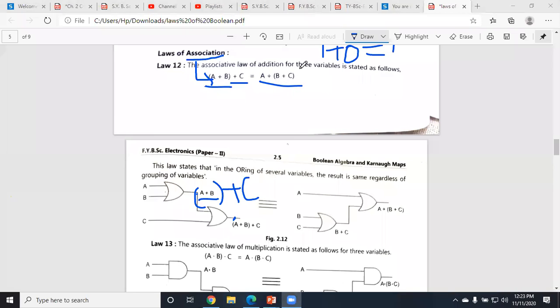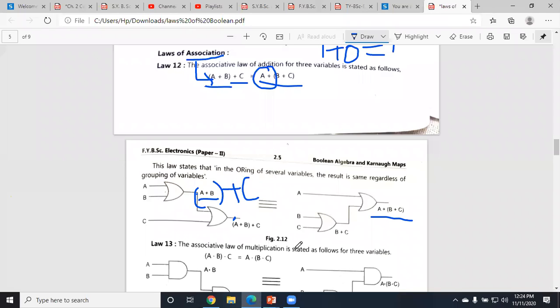First of all, I'll implement B plus C by using a single OR gate. B, C, two inputs, output will be B plus C. Why? Because the OR gate is there. Now what do I need to add? A. A is my next variable. If you draw that A on this side, that will be absolutely fine. There is no problem with that. What you need is that the final output of your circuit should be this.